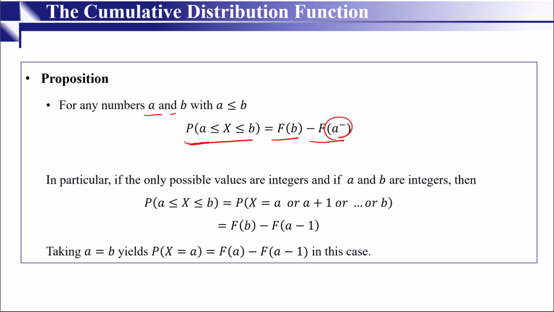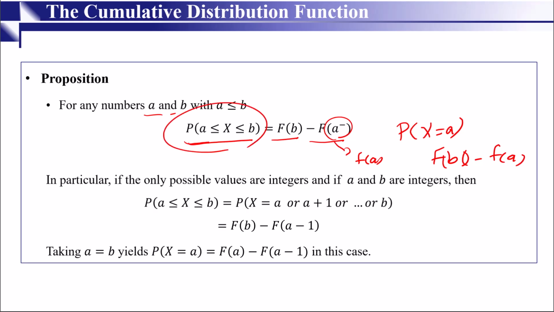The reason for subtracting F(a minus) rather than F(a) is that we want to include P(X equal to a). F(b) minus F(a minus) gives us the probability of X between a and b. This is a quick trick for ranges in data analysis.